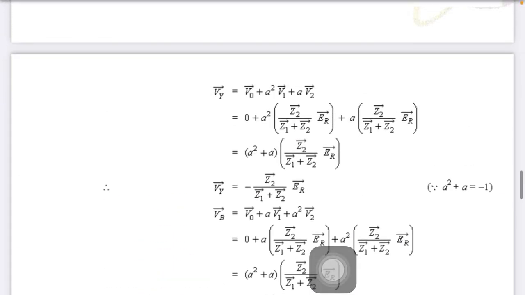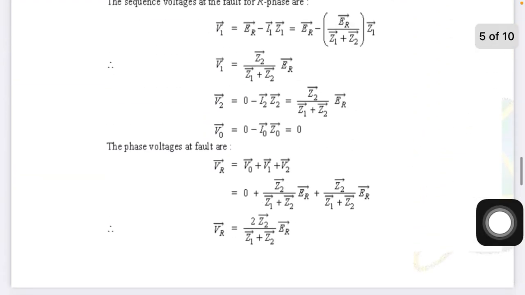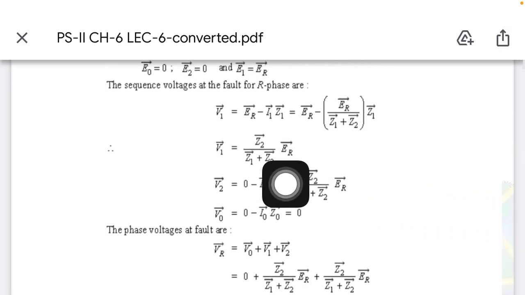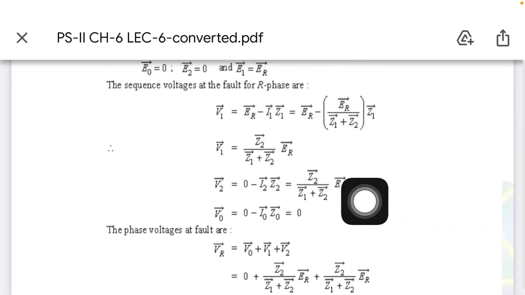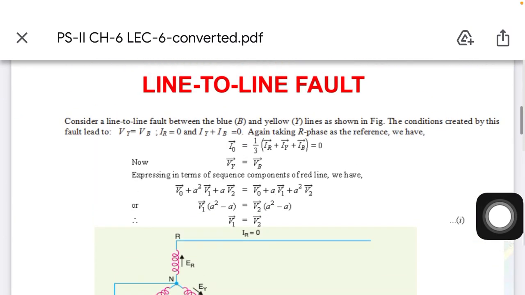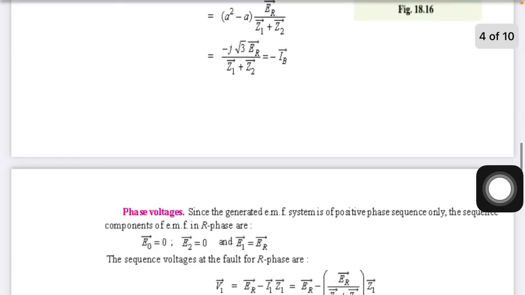Likewise, now we have the V1 value and the V2 value. We put V1 and V2 into equation 1 above.